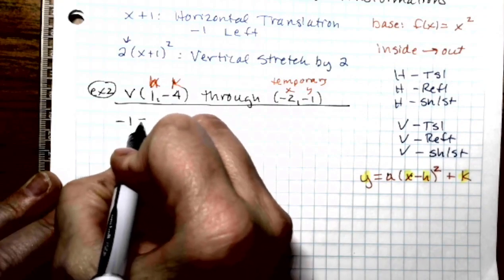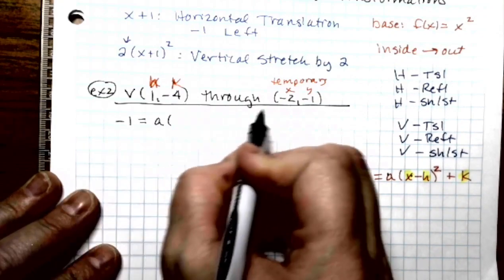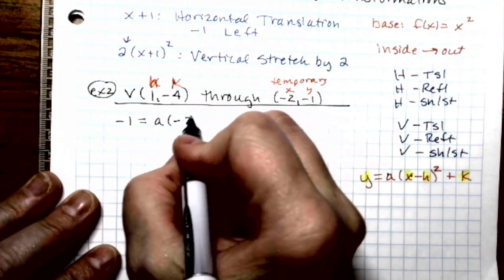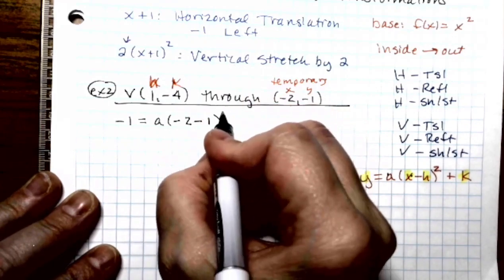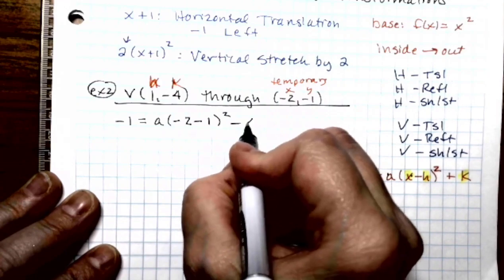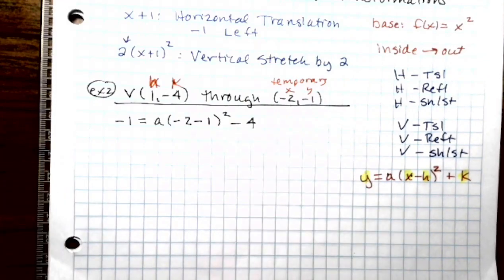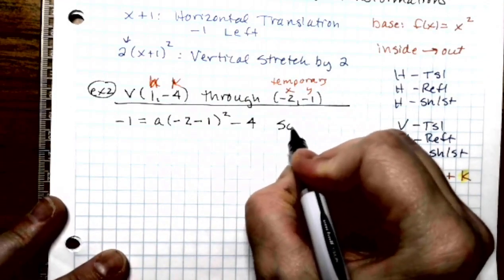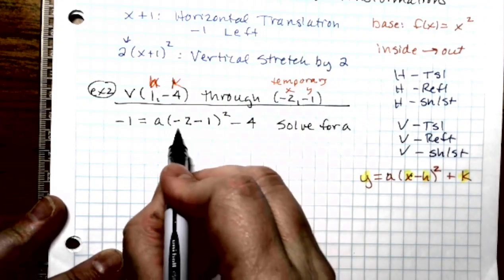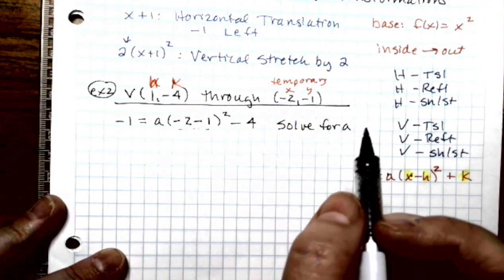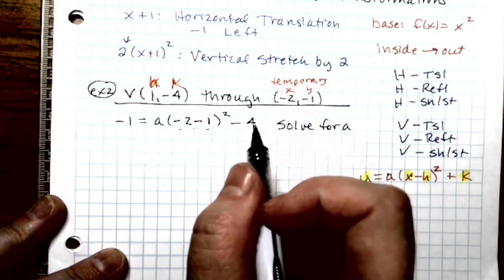So -1 for the y equals a times temporary x, which is -2, minus my h, which is 1, quantity squared, and then plus k, so -4. And then I'm going to solve for a. Okay, inside to out, -2 minus 1 is -3, squared is +9.